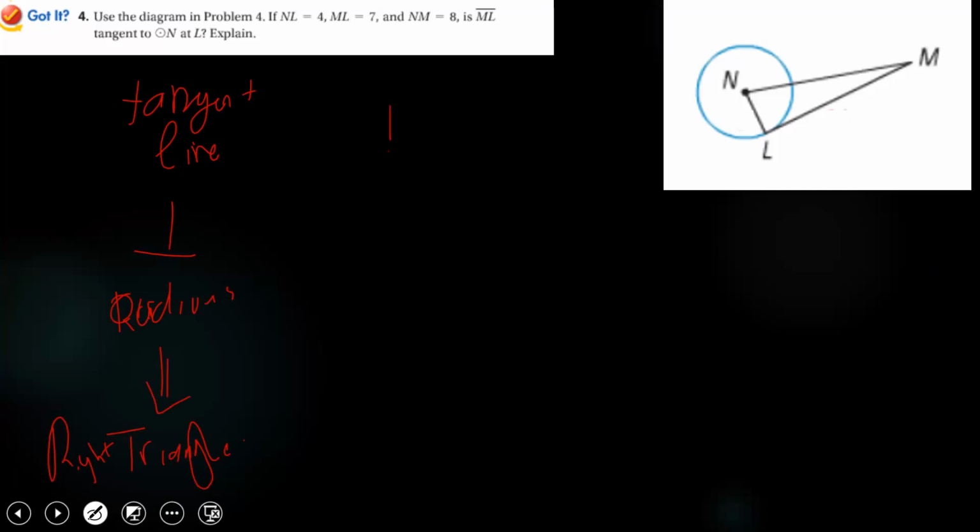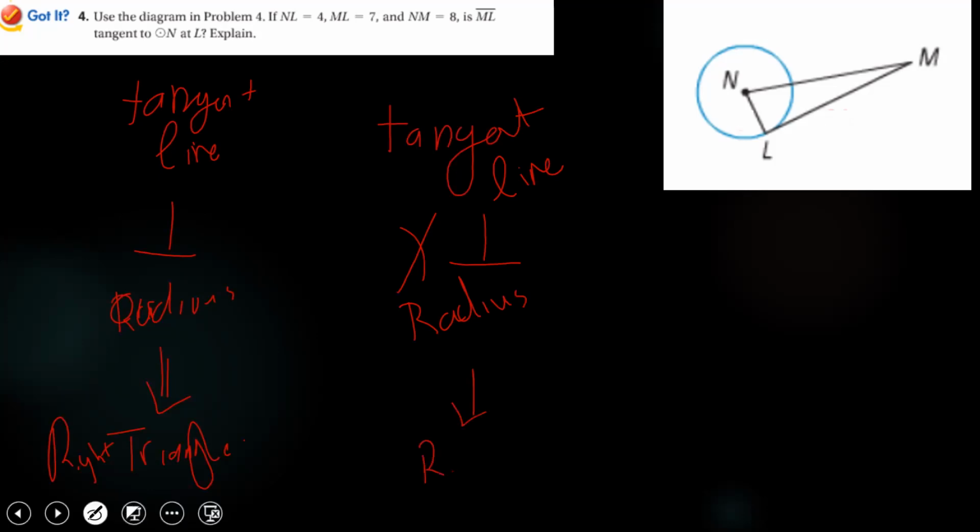But if the tangent line is not perpendicular to the radius, it doesn't make a right triangle. We said before that if one tangent line is perpendicular, we have a right triangle. Since we have a right triangle, I can use all the properties of the right triangle to solve what I need for the circle.